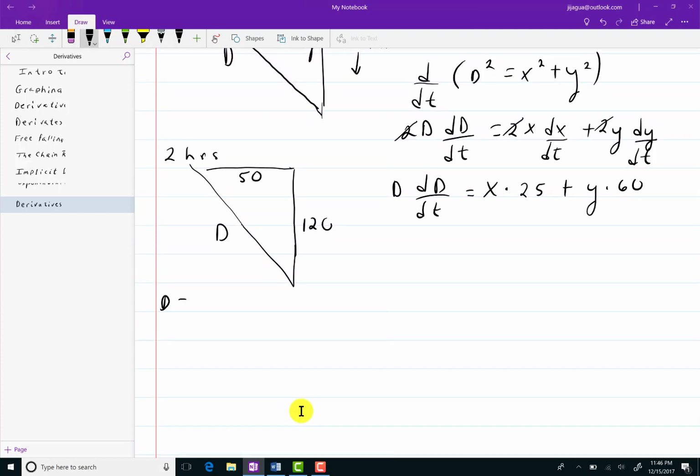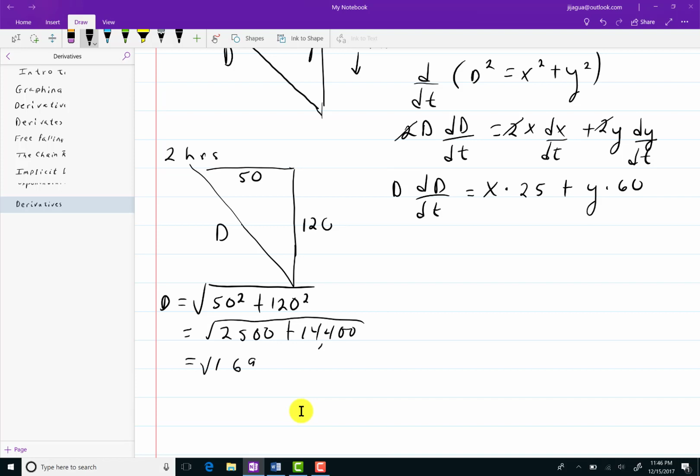D will equal the square root of 50 squared plus 120 squared. And let me see, that's 2,500 plus 14,400. That equals 16,900. And this is not so bad. This equals 130.